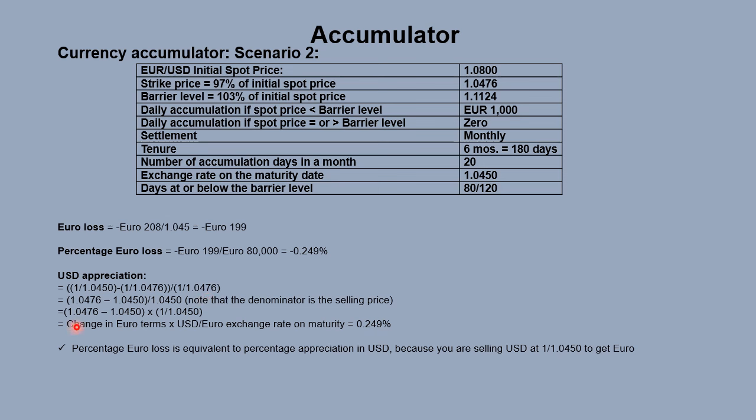Simplifying above, we get 1.0476 minus 1.045 into 1 divided by 1.045. This is basically the change in euro terms multiplied by the USD euro exchange rate on maturity. This comes to 0.249%. The percentage loss in euro is equivalent to the percentage appreciation in the USD, because you are selling USD at 1 divided by 1.045 to get the end euro amounts for calculation.